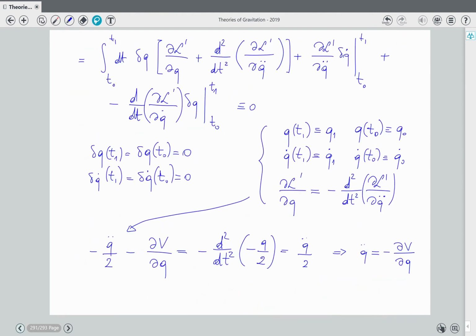Basically, we have to check that this boundary term, the new one, will not depend on delta q dot, the variation.